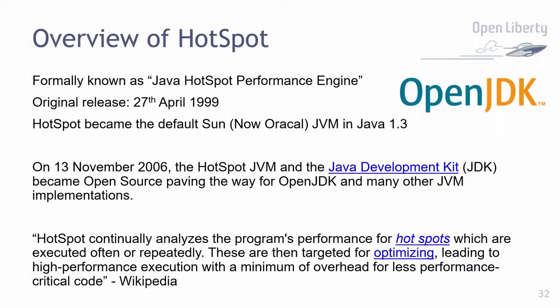Of course, I can't not talk about HotSpot, originally released in 1999 by Sun, which is now Oracle. This JVM was really good. In 2006, it was completely open sourced to the community, which was amazing and paved the way for projects like OpenJDK. So people could go and build their own JVMs, change the functionality and characteristics, and make it more cloud native.